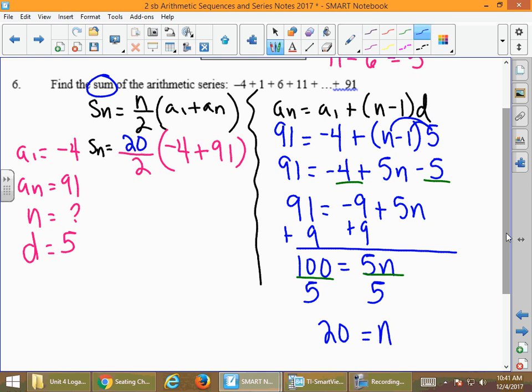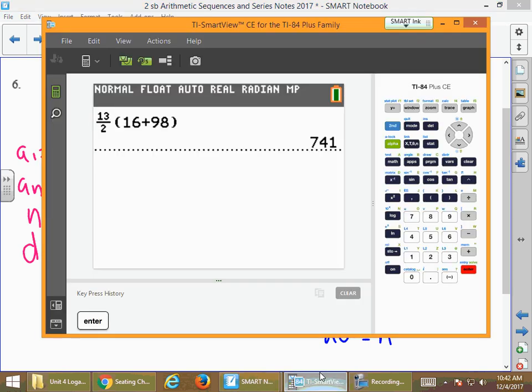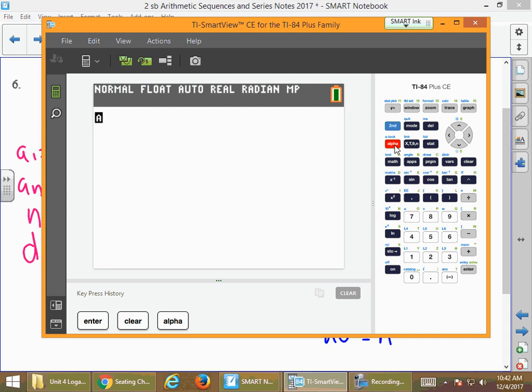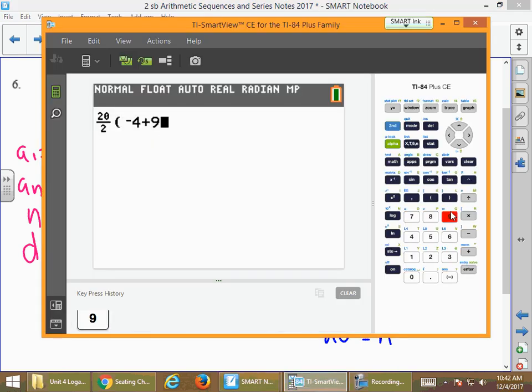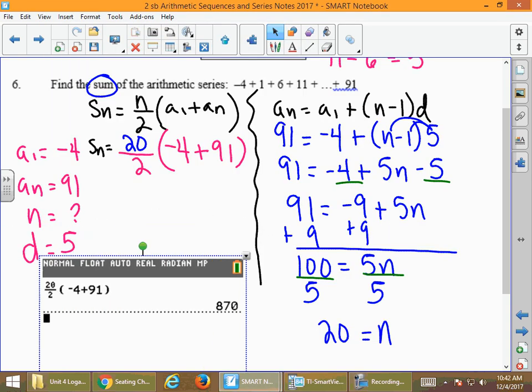And once again, we can type this into our calculator. By the way, I wouldn't really type it in because I know that 20 divided by 2 is 10. So some of you out there, if you're thinking about that, and then it's negative 4 plus 91. And that gives us our value of 870.